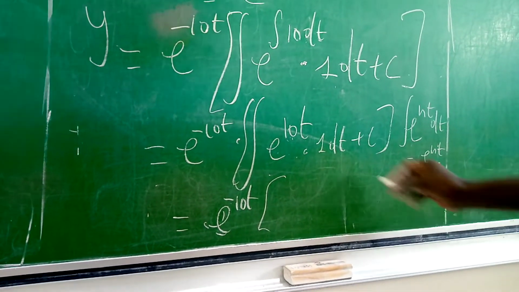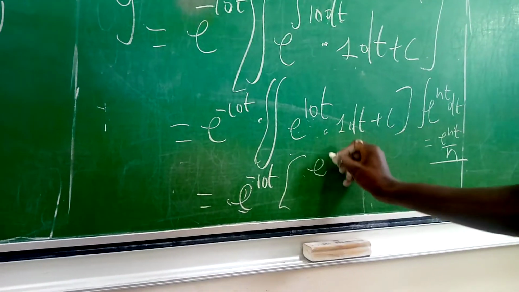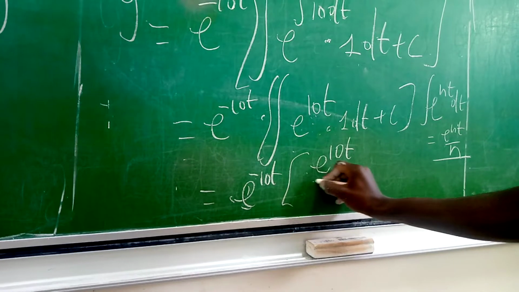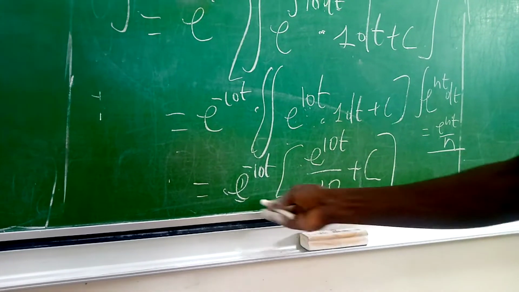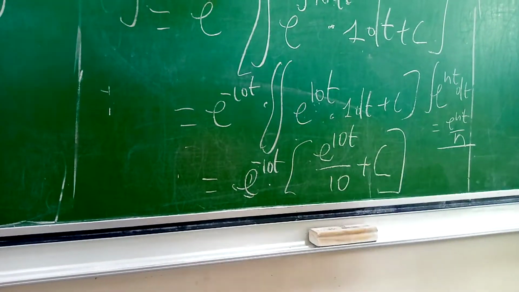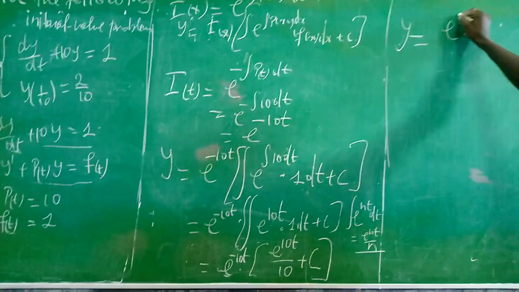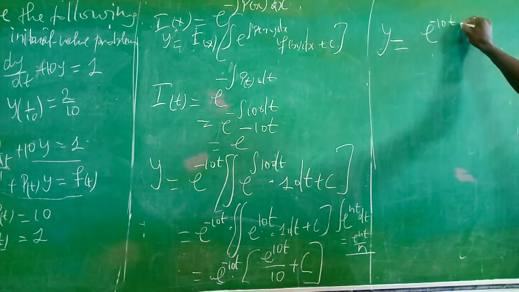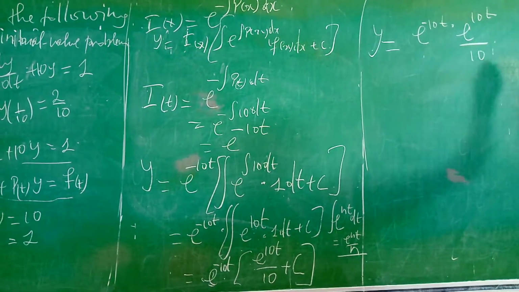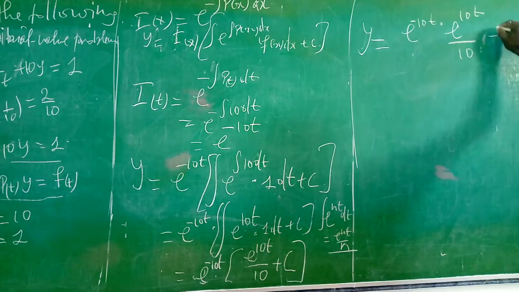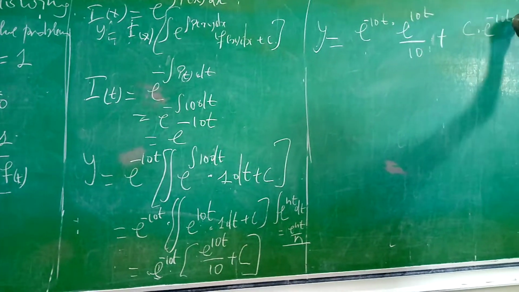If we use this equation, we will get that it is e power 10t over 10 plus c. Then you can multiply this into this, and then you get e power negative 10t times e power 10t over 10 plus c times e power negative 10t.